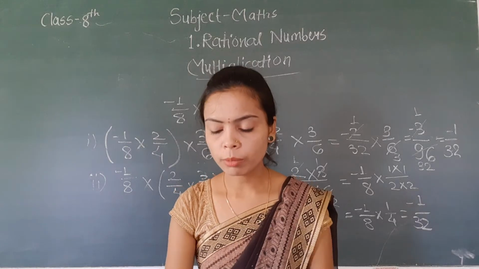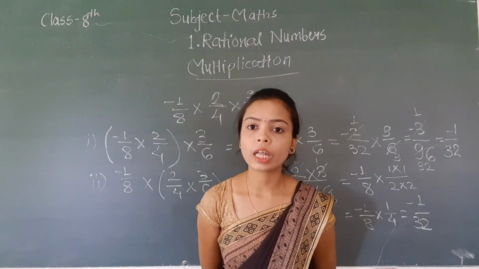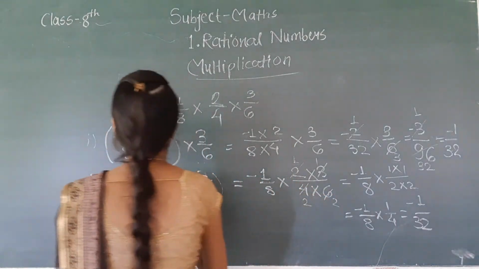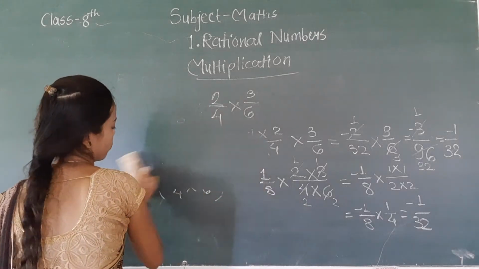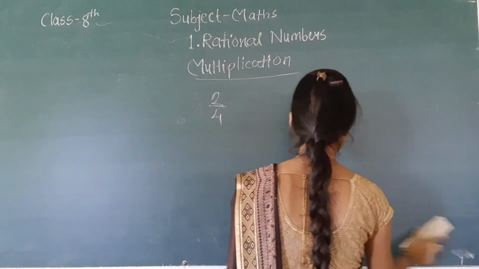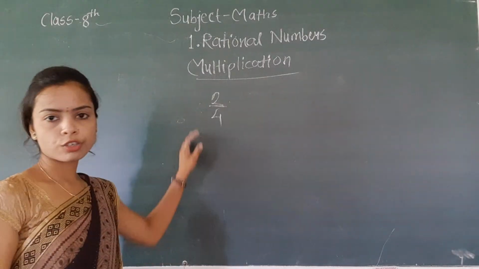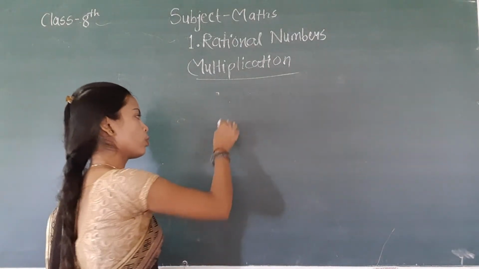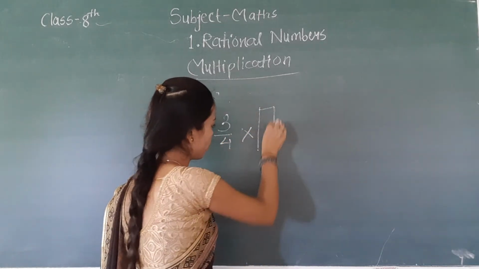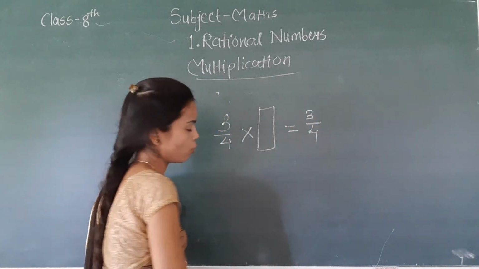Okay, now tell me, if you are multiplying any rational number with a number, suppose your rational number is 3 upon 4. Now tell me by which number you are multiplying your rational number so that your answer must be 3 by 4 again.